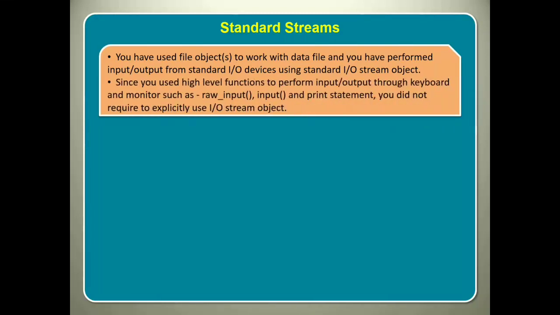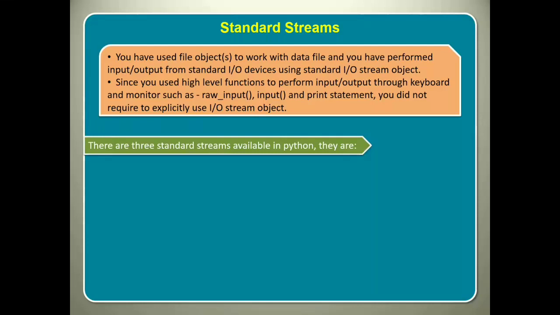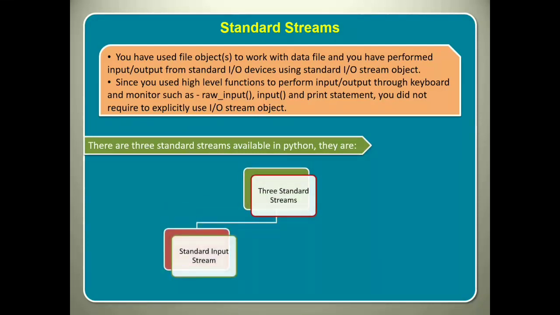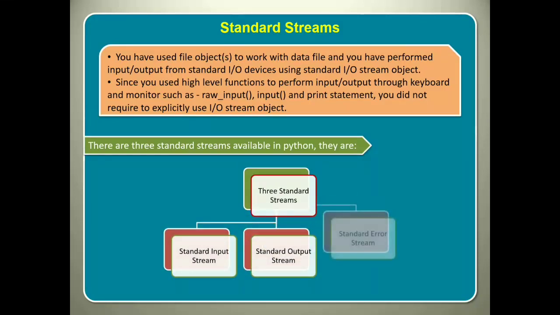Since you used high-level functions to perform input or output through keyboard and monitor, such as raw_input, input and print statement, you do not need to explicitly use IO stream objects. But let's learn a bit about these streams also. There are 3 standard streams available in Python. They are standard input stream, standard output stream, and standard error stream.